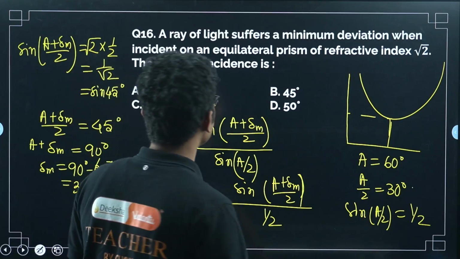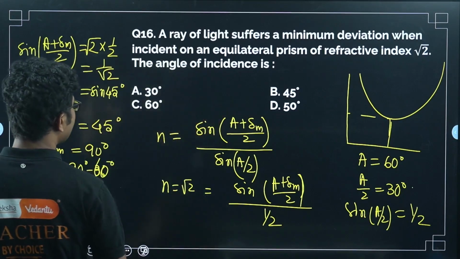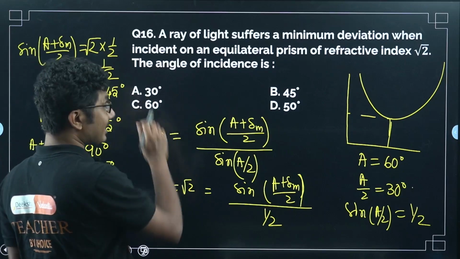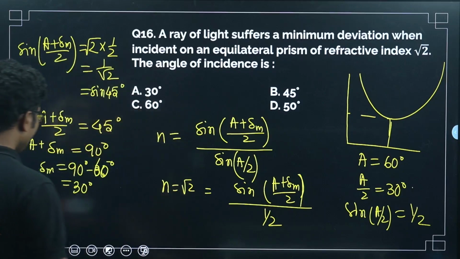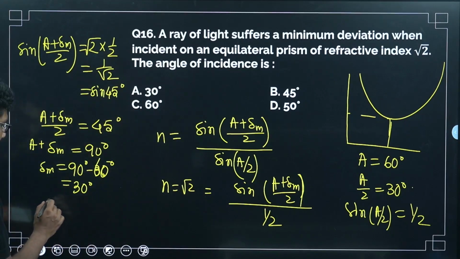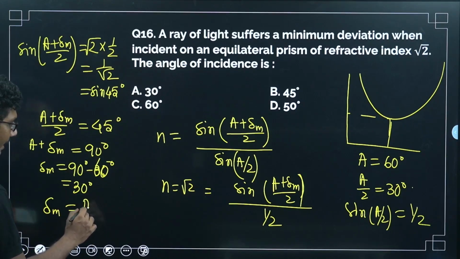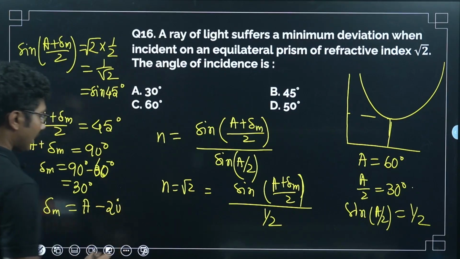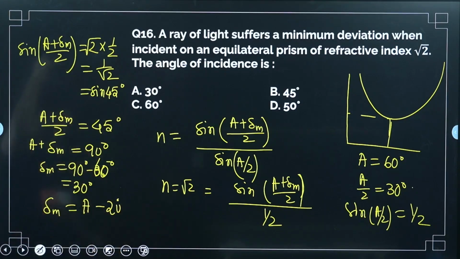But they have asked you to find the angle of incidence. Very, very clever question. If you leave the answer here and mark 30 degrees, you are not getting the full marks. So, what is the angle? We know delta m is equal to 2i minus A, right?